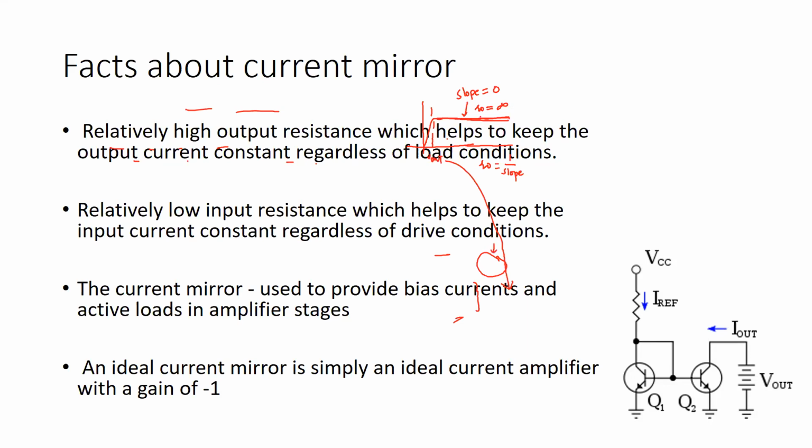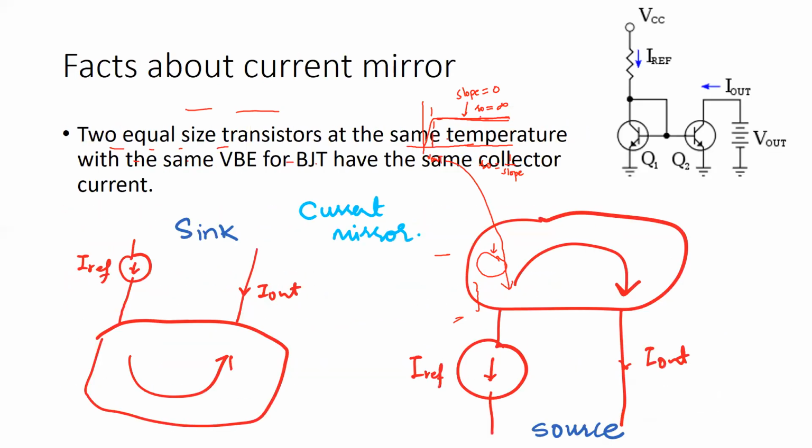Like in the previous slide, we saw here you are basically getting the current source from the input side, and you have a current sink at the output. But in this circuit, your input side is your current sink, and what you produce is an output current source, right?